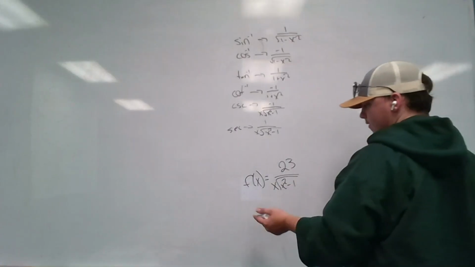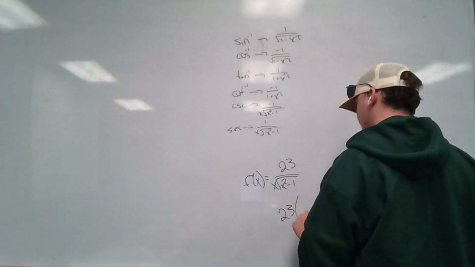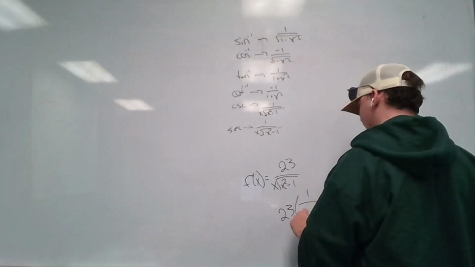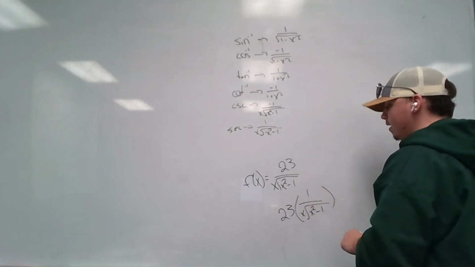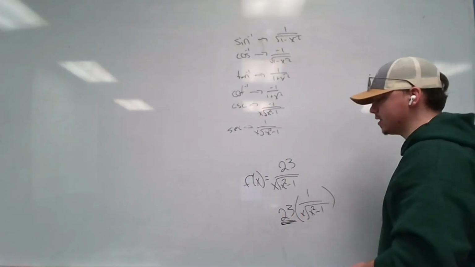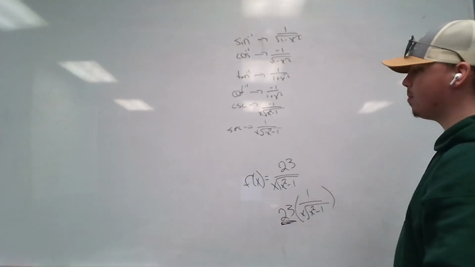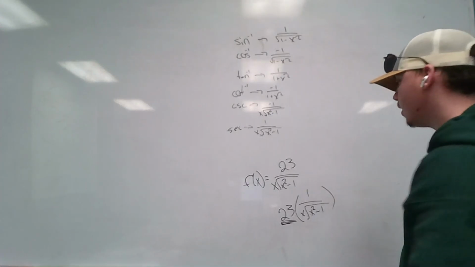Well, I can factor out 23 to get 1 over x root x squared minus 1. And then I know that constant factors don't apply to derivatives unless it's like a power rule.